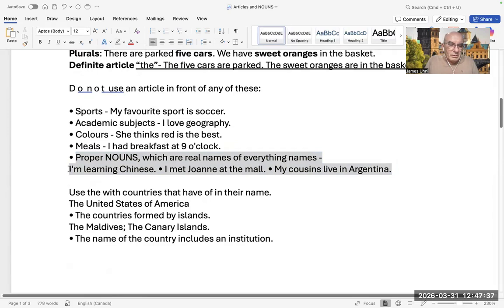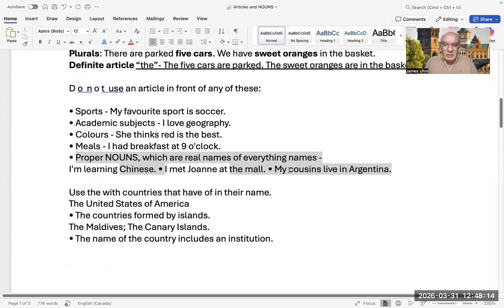So over here, I will clear this part. I met Joanne at the mall. And it stays with small letter, the mall.